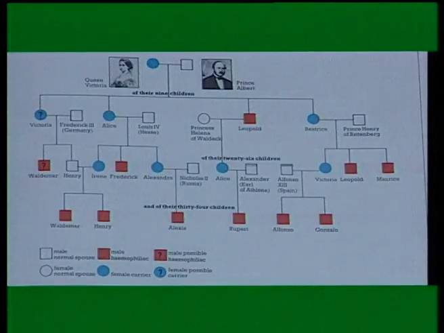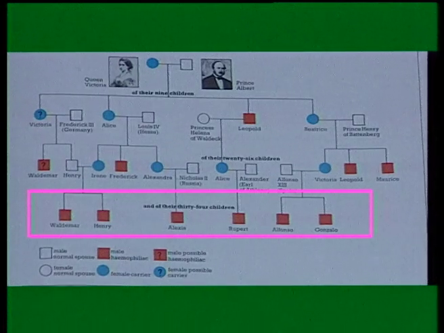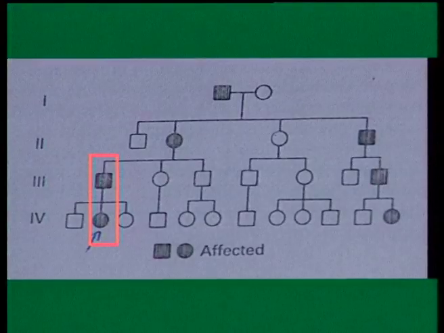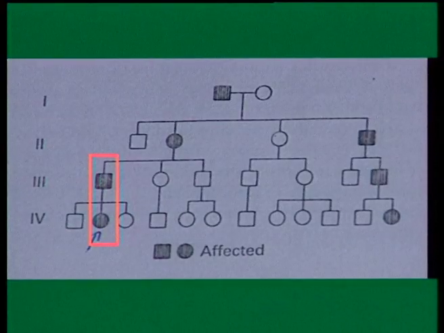These normally only manifest in males and are transmitted by the carrier females. The next one is X-linked dominant disorders. Only a few disorders are known to be inherited in an X-linked dominant manner. The affected male transmits this disease to all his daughters.